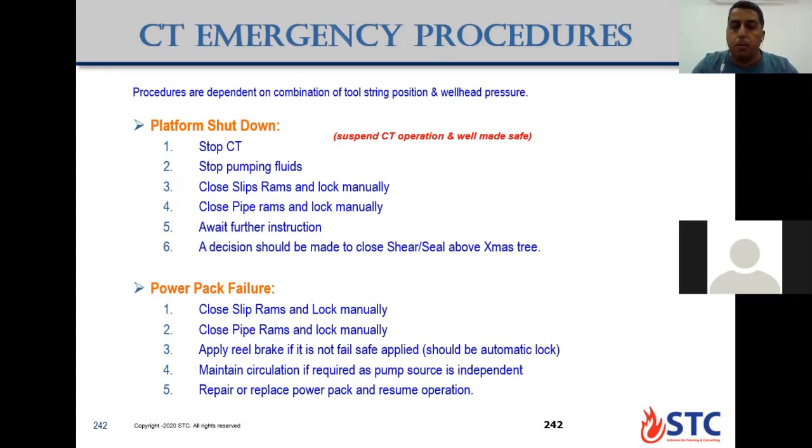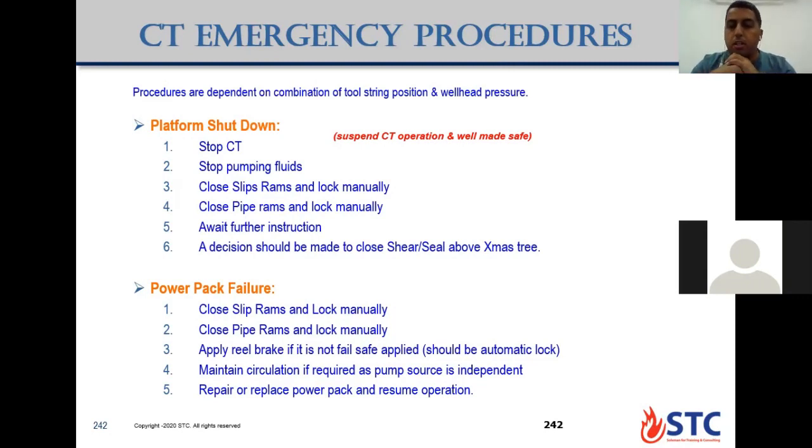Number 3, apply the reel brake if it is not fail-safe. It should be applied automatically; if not, you will do it by hand. Number 4, you must not shut down the pump. You maintain circulation.